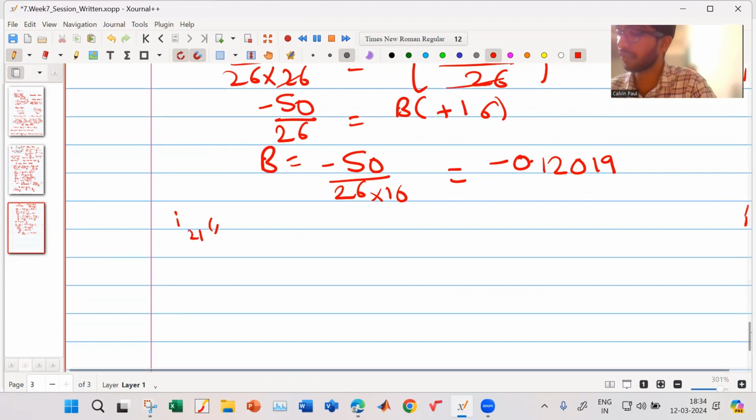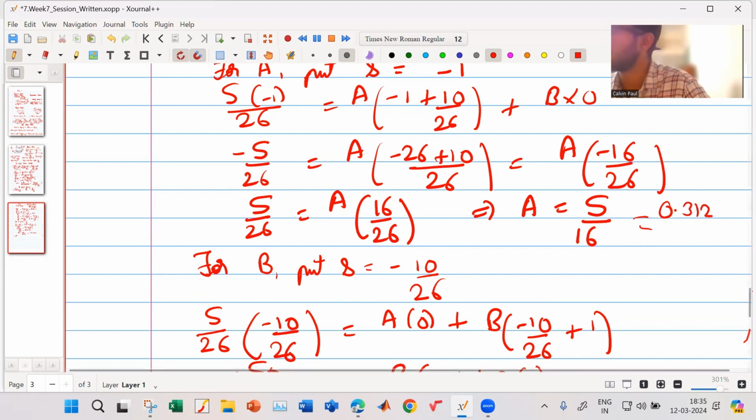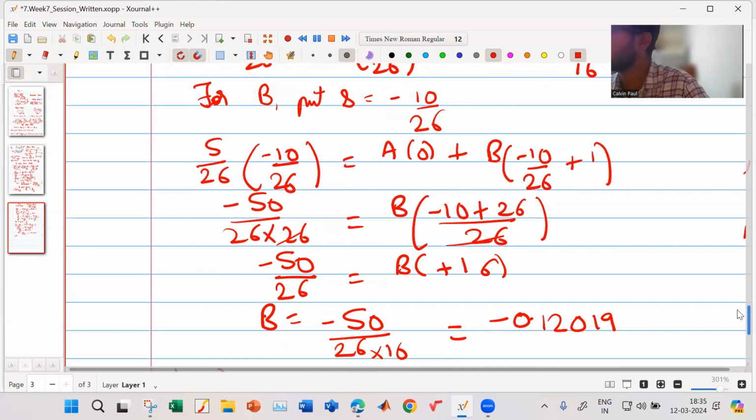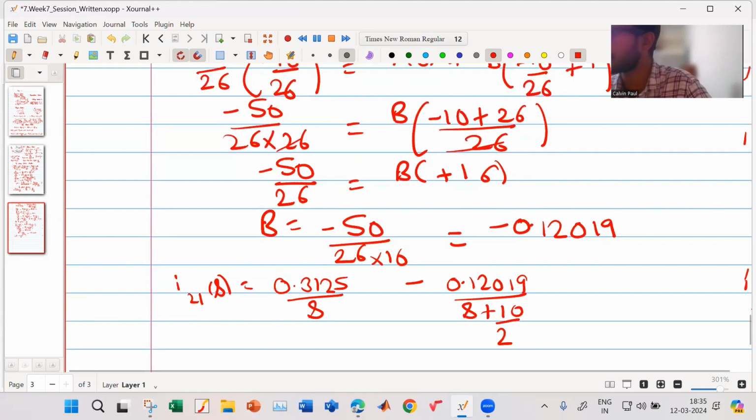So we get I to 1 of S is equal to A. A is equal to 5 by 16. What is 5 by 16? 0.3125. So it will be 0.3125 upon S minus 0.12019 divided by S plus 10 upon 26.